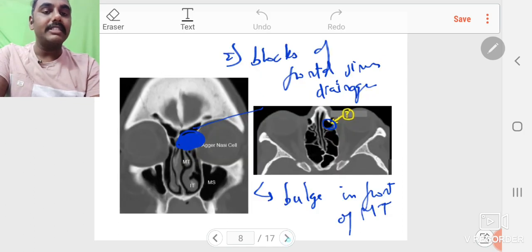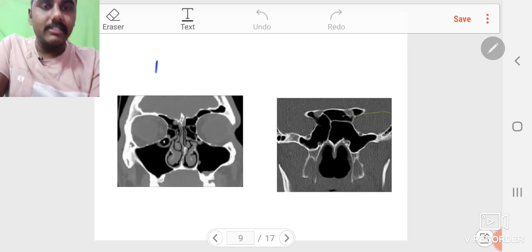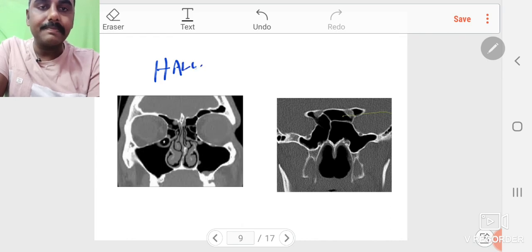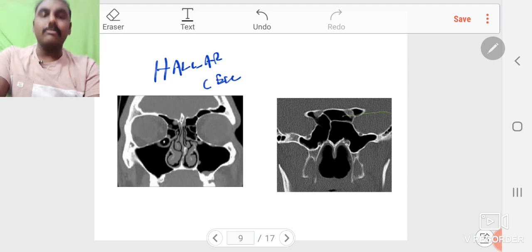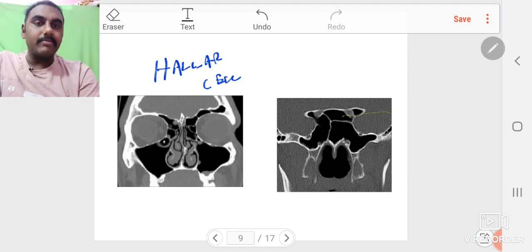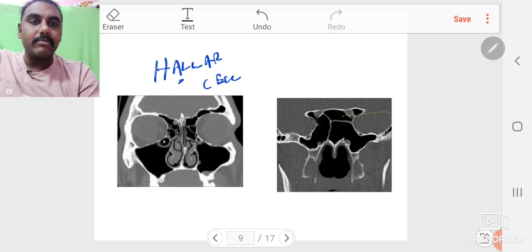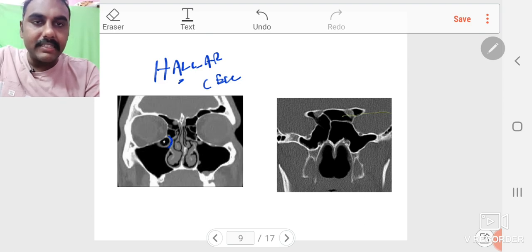What is Haller cell? Haller cell is an anterior ethmoidal cell which occurs just below the orbit.